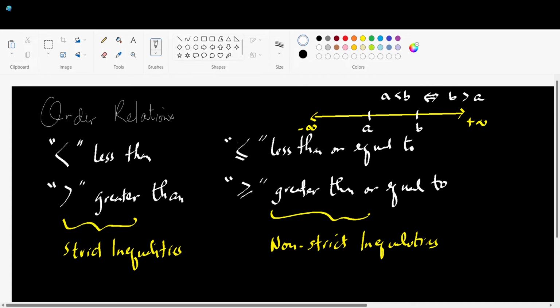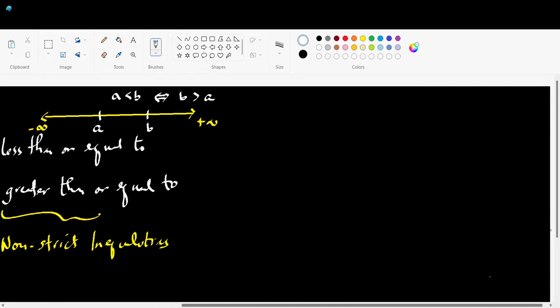We write down the definition of less than and greater than. Let A and B be real numbers.